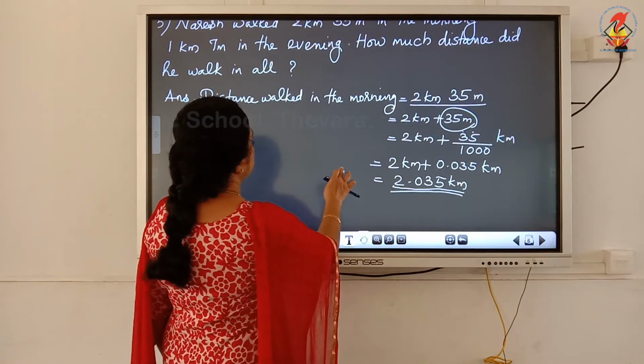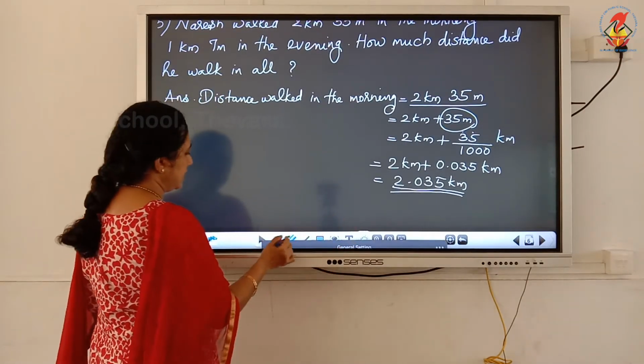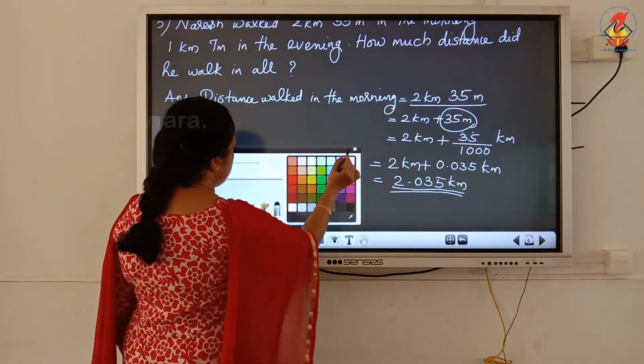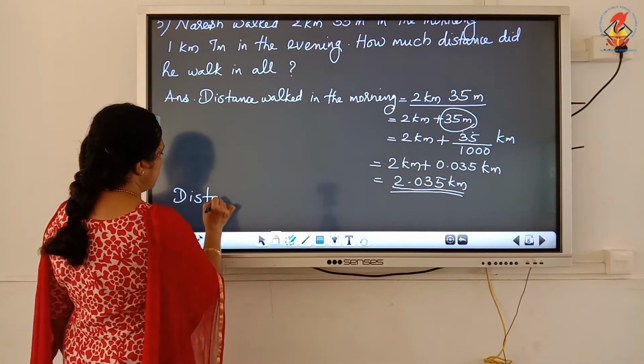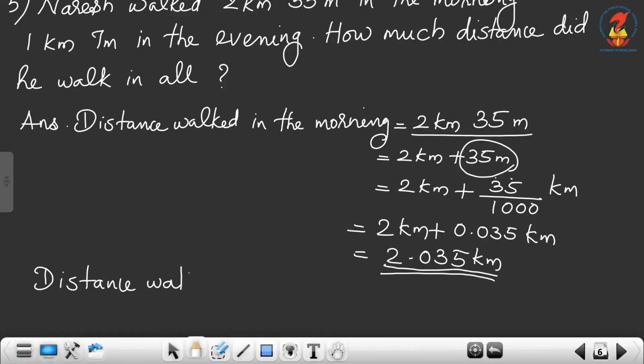Now the next step, distance walked in the evening. The distance walked in the evening is equal to 1 km 7 meter.